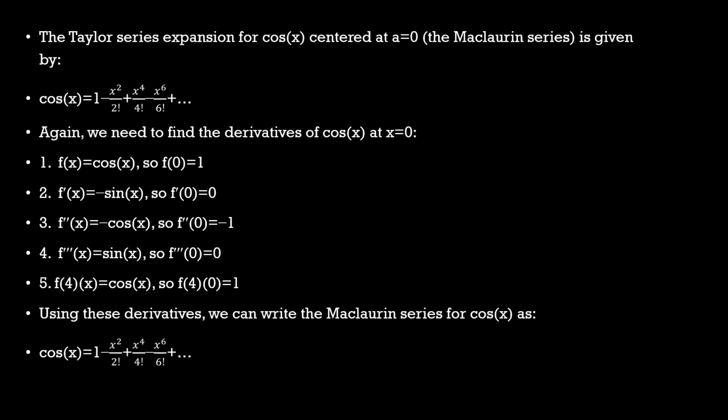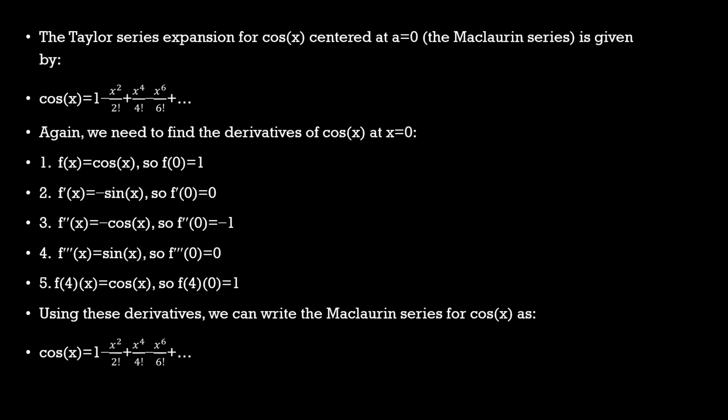So we know f(x) equals cos x, so f(0) equals 1. And the first derivative of cos x will be negative sine x, so f prime 0 will be 0. And the second derivative will be negative cos x, so it will be negative 1. And the third derivative will be sine x, so likewise it will be 0, and so on.